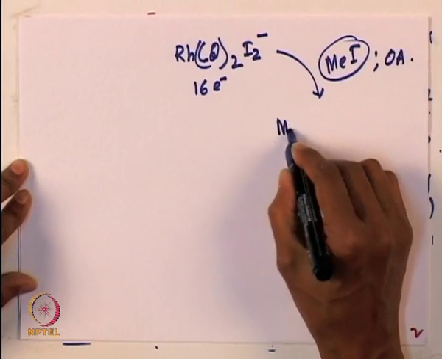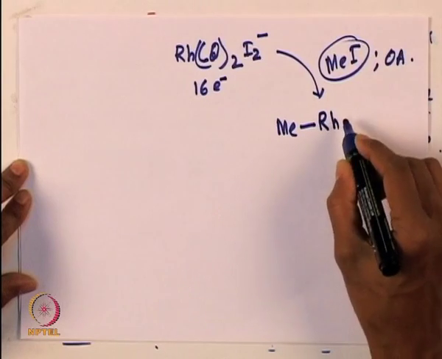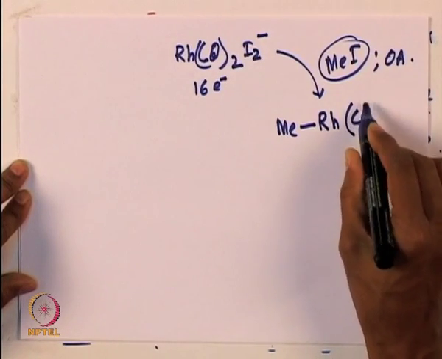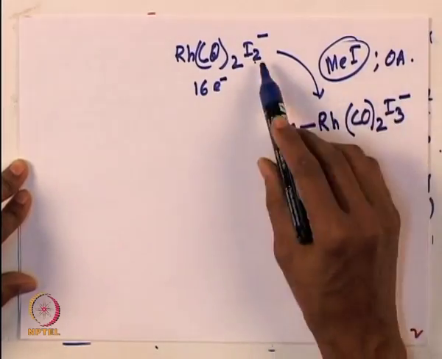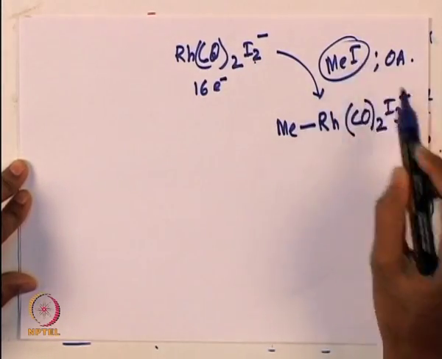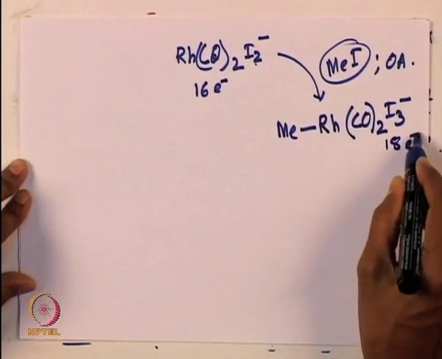So methyl iodide oxidative addition will give you the carbon-rhodium bond in this case, carbon monoxide and I3 minus. You started with 2 iodide and then you have one more iodide, so that makes it I3 minus. This is an 18 electron species.